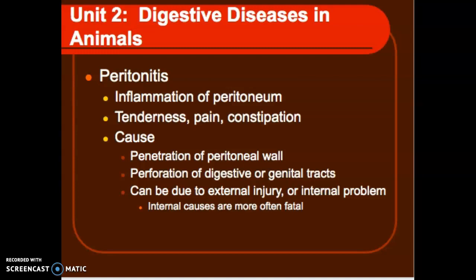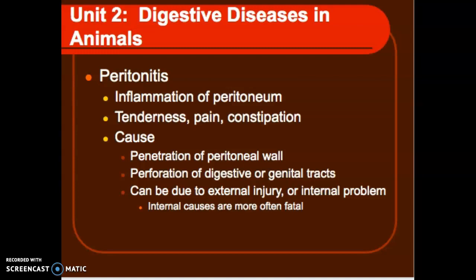The peritoneal cavity is the area outside of the digestive tract but inside the diaphragm, or inside the gut area of the animal. And so you'll have some kind of inflammation or infection in that area that causes tenderness, pain, sometimes constipation will set in after that, just as the animal reacts to the problem that they've got going on in their gut.